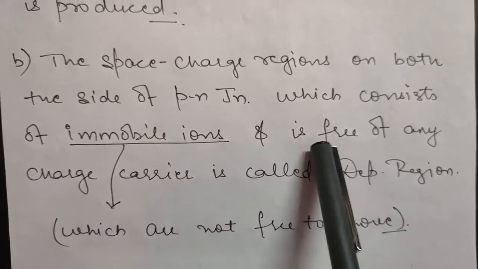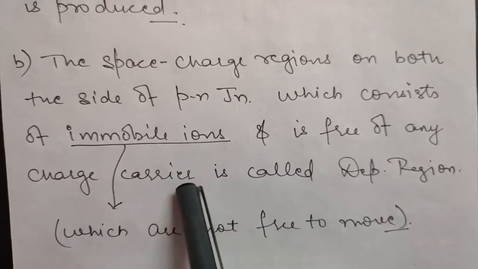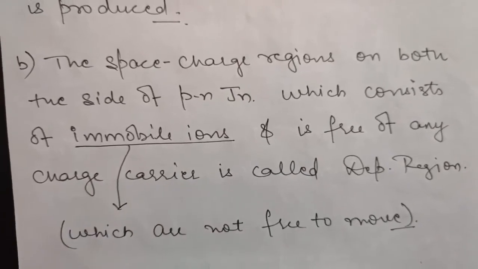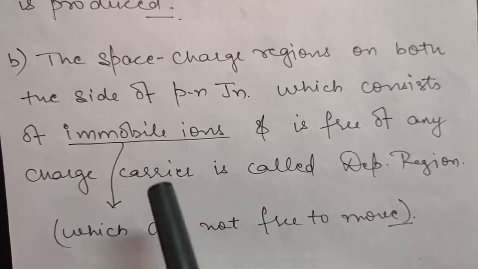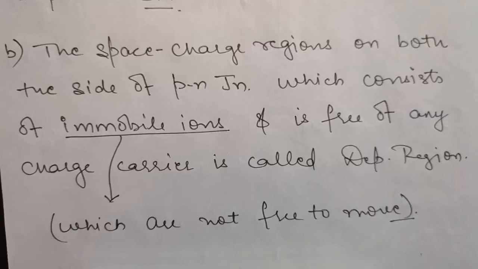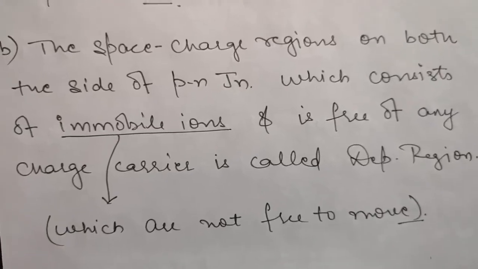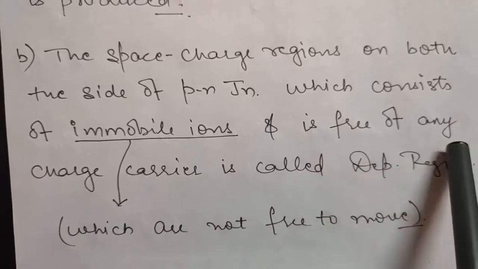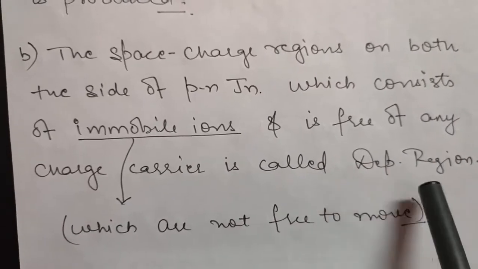By this line you mean it does not contain any electron or hole. Okay, because the only charge carriers are electrons and holes here. So this is called the depletion region.